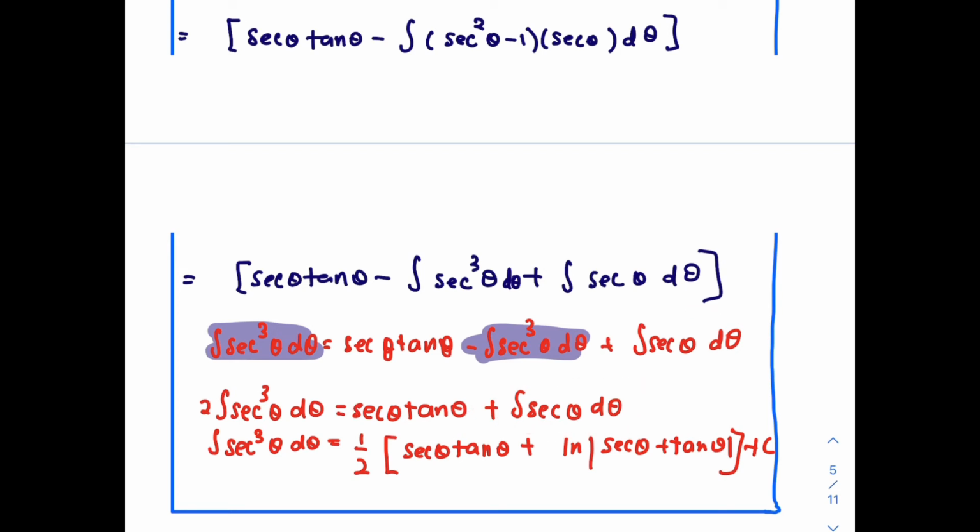And finally, you can solve this too. Just bring it here, it becomes 1 over 2. In the bracket here, this is just secant theta tangent theta plus the integral of this. Just use your formula list. This is ln of secant theta plus tangent theta. And let's write plus c.